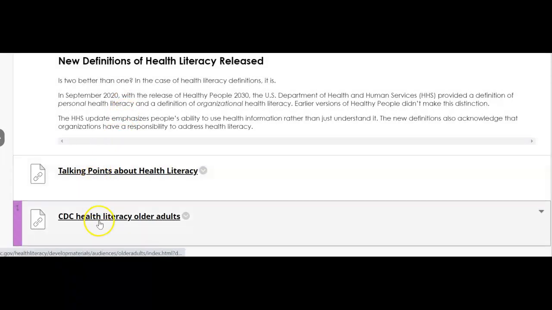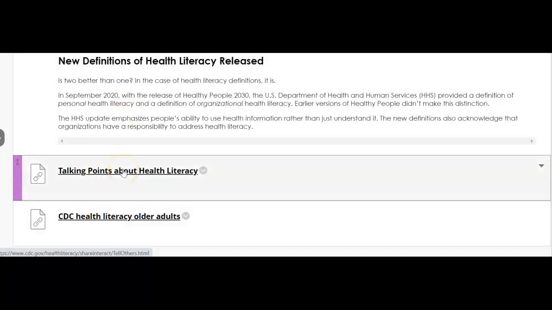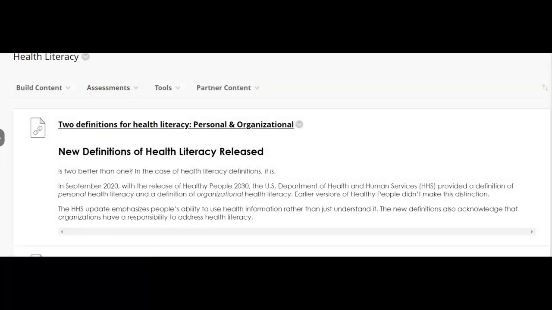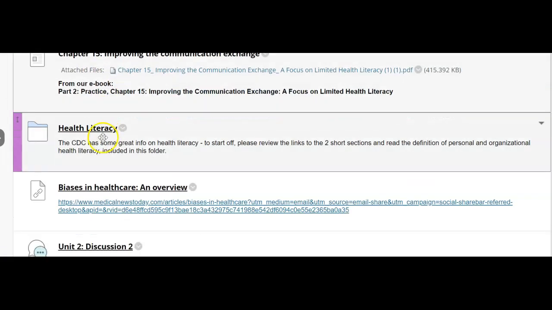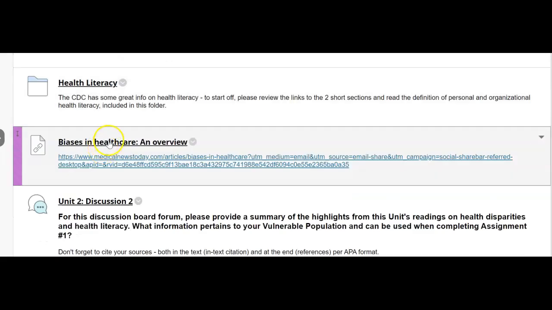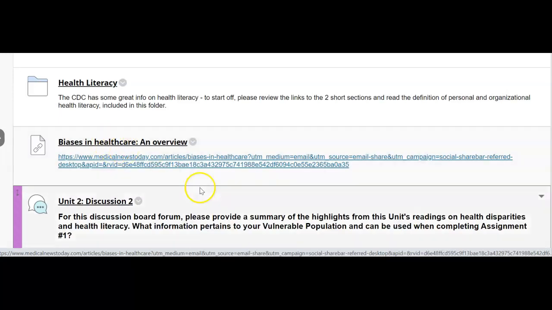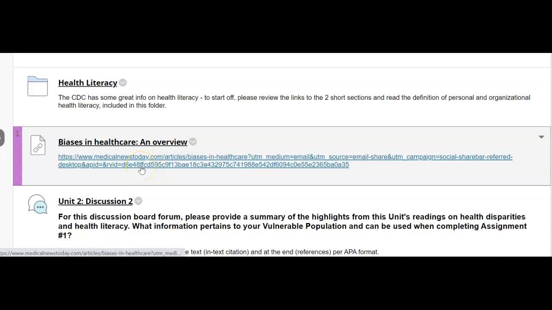And then there are 2 links to CDC websites that speak to health literacy. Very brief information on each site, but I ask that you look around and learn more about health literacy because that is the goal of this week, one of our learning outcomes. And then the final is a link to an article in Medical News Today on biases in healthcare.